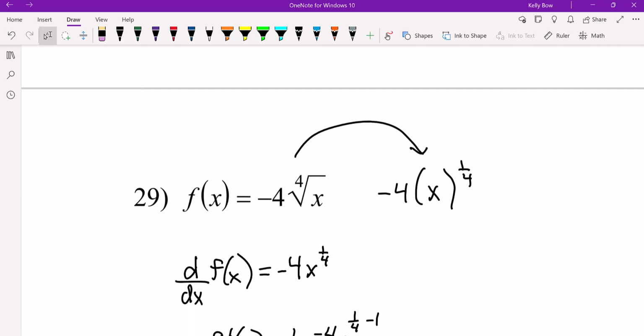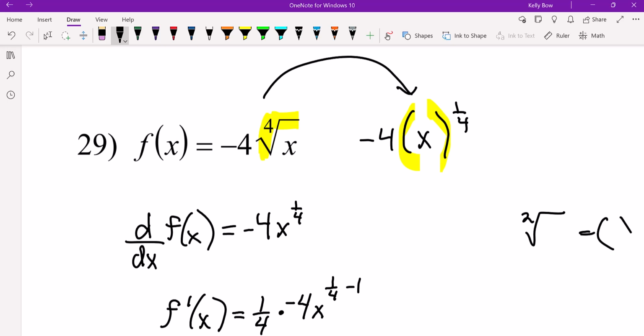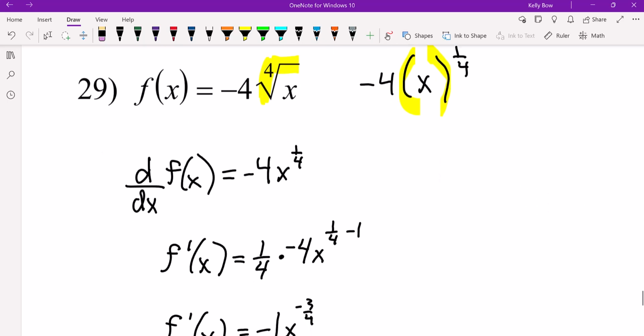Okay, now all we're going to do is rewrite this as x to the 1/4 power. Because remember, roots, so square root is the same as something to the 1/2 power. So once you have it in that format, then you can use the power rule.